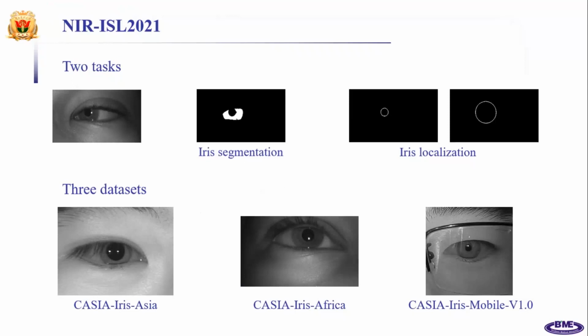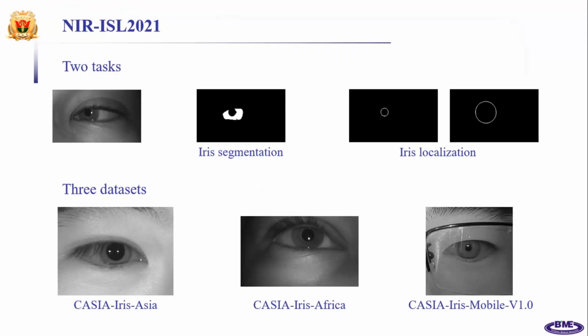The challenge consists of two tasks, segmentation and localization. In the segmentation task, our model needs to segment the visible iris mask in the image.